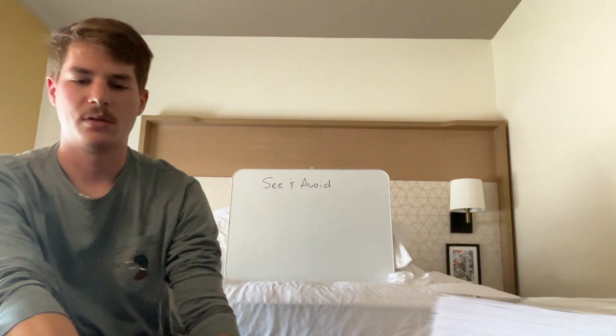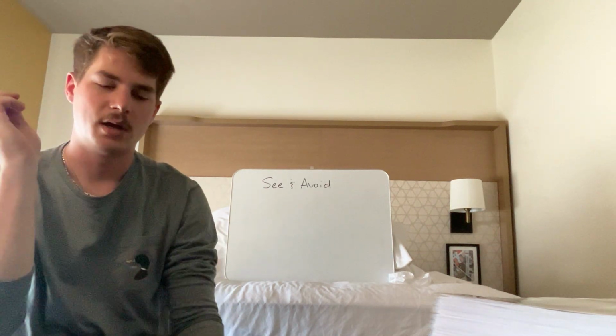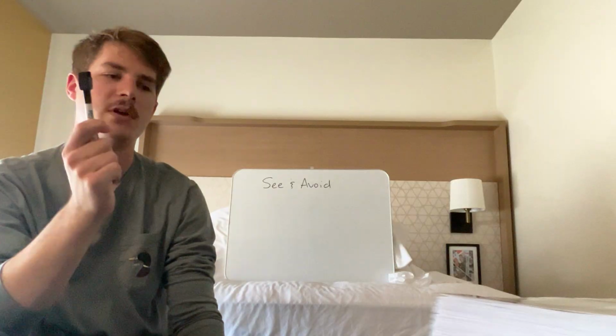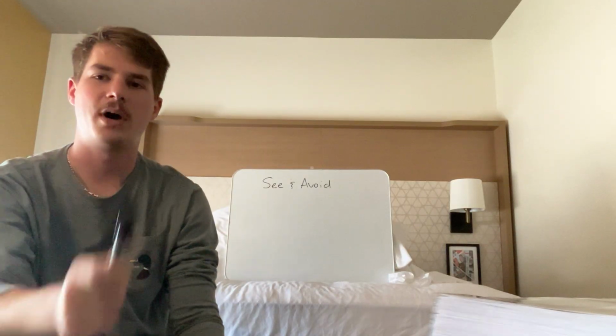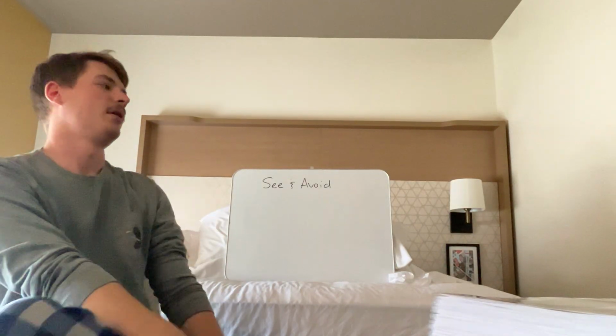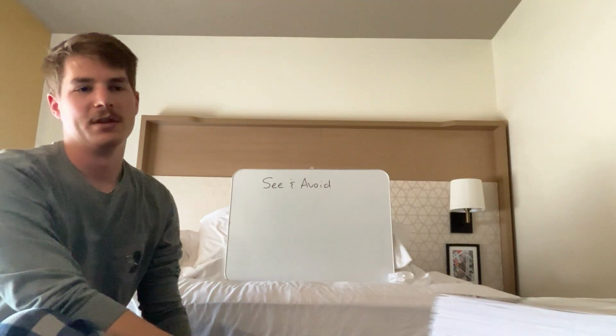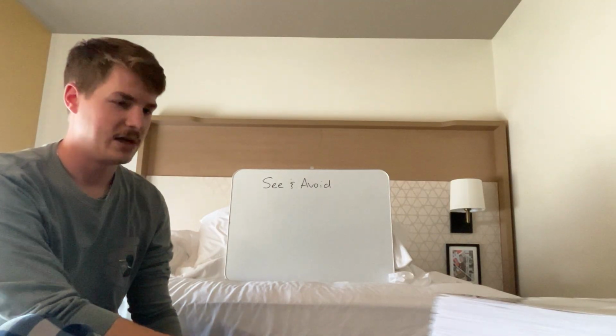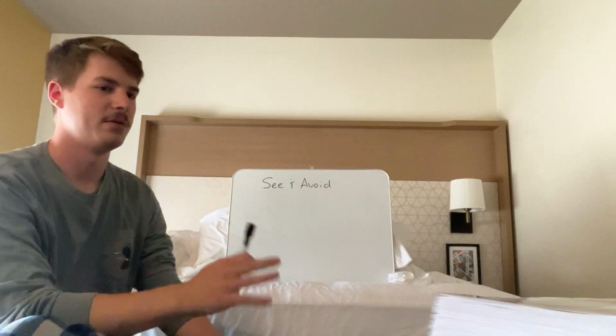It is not the student's responsibility. It is not the passenger's responsibility. It is the pilot in command. Now, that doesn't mean that they can't help you. They definitely can, but it is the responsibility of the pilot in command.